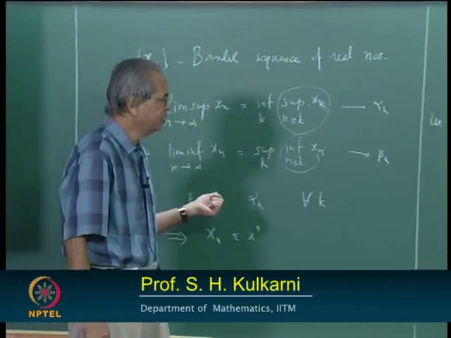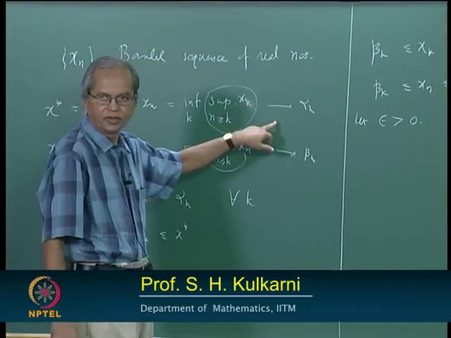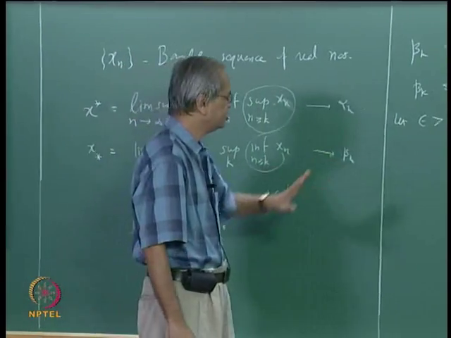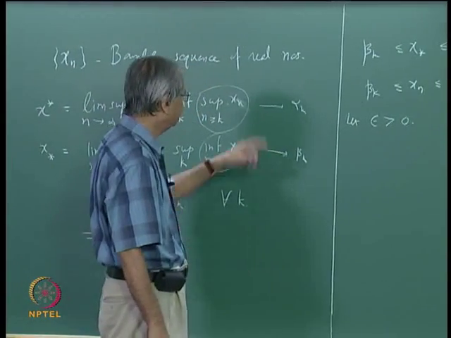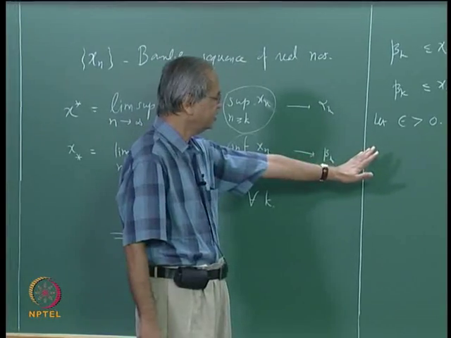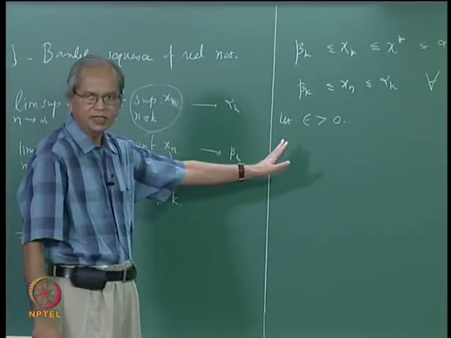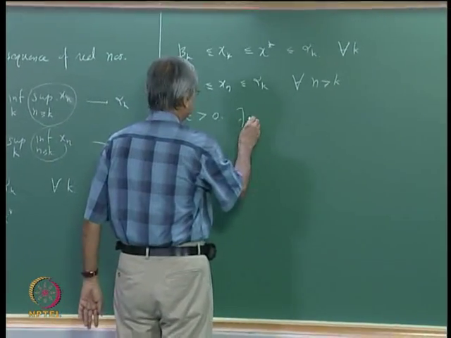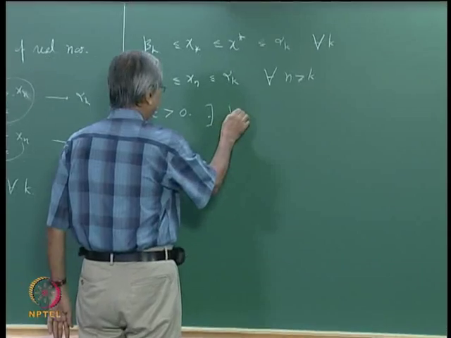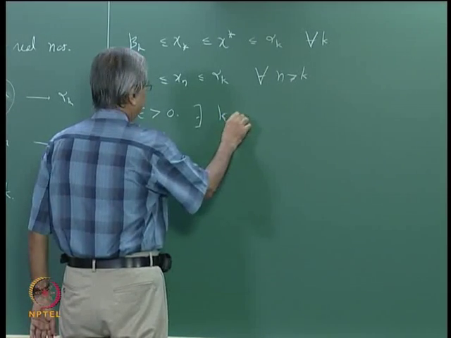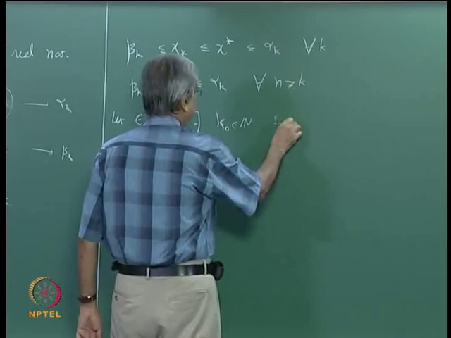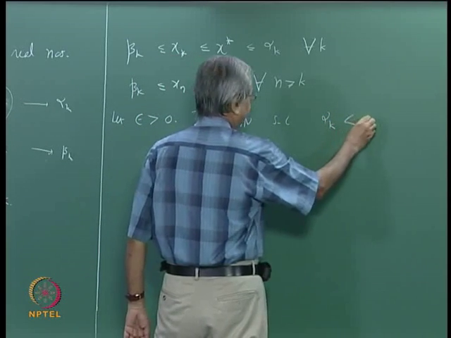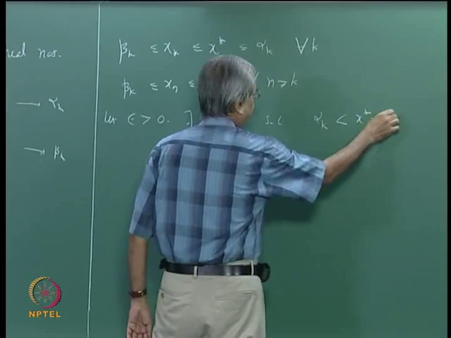So what does it mean? It means that for every epsilon there will exist some alpha k which is smaller than x superscript star plus epsilon. So there exists, for example, some k naught in N such that alpha k naught is less than x superscript star plus epsilon.